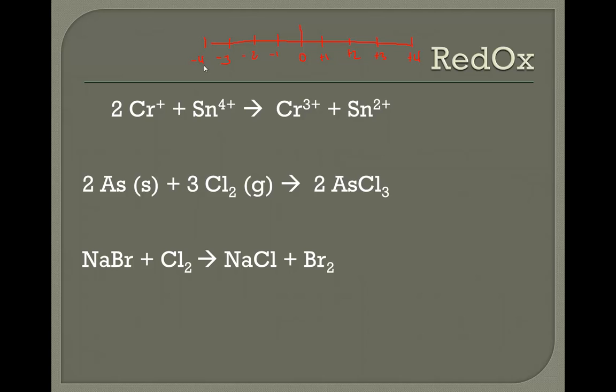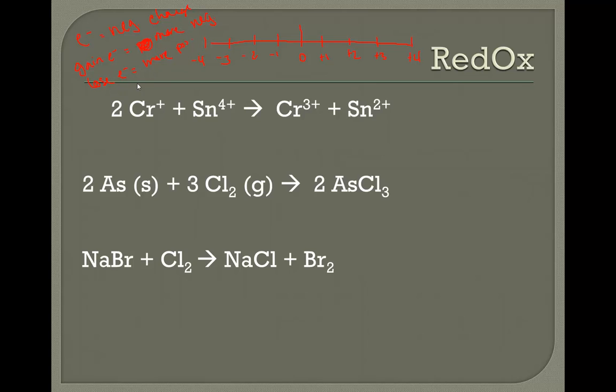So if you gain electrons, it's going to equal more negative. If you lose electrons, it's going to be more positive. Because when you gain electrons, you're gaining more of a negative charge, so it's becoming more negative. If you lose electrons, you're losing more of the negative charge, so losing a minus gives you a positive.